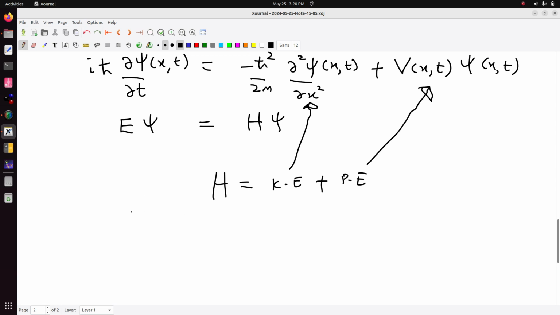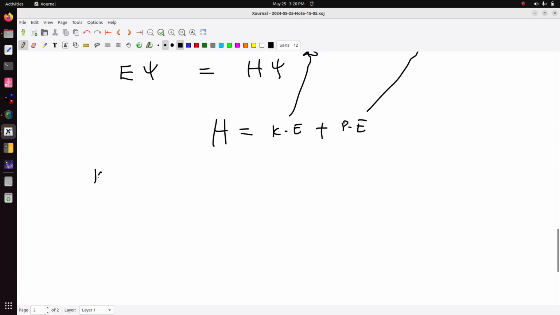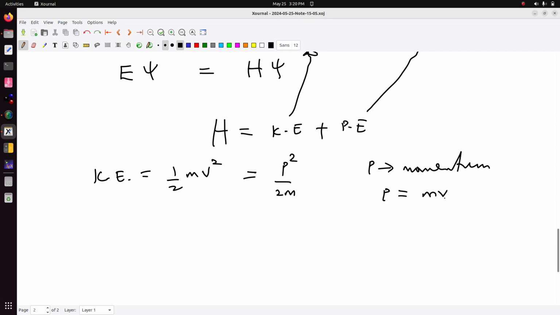Why is that? Because the kinetic energy is half m v squared, where m is the mass of the particle and v is the speed, and it can be written as p squared over 2m. Here p is the momentum of the particle, the product of mass and velocity. So this equation can be written in this form.